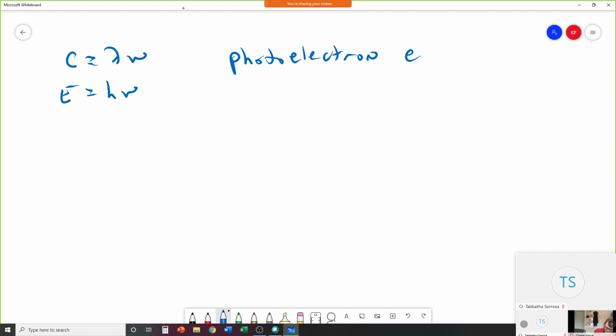Alrighty. And basically it works like this. If you have a clean piece of metal in a vacuum, we have shiny clean metal, shiny metal in a vacuum, and we shine light on it.